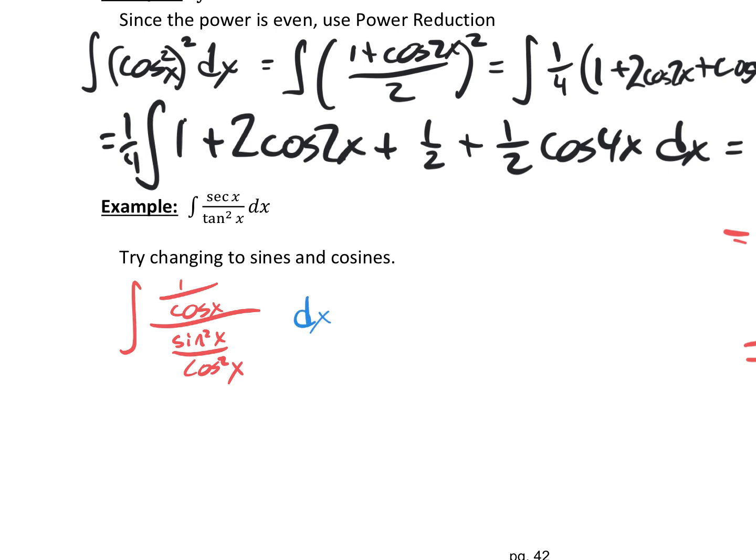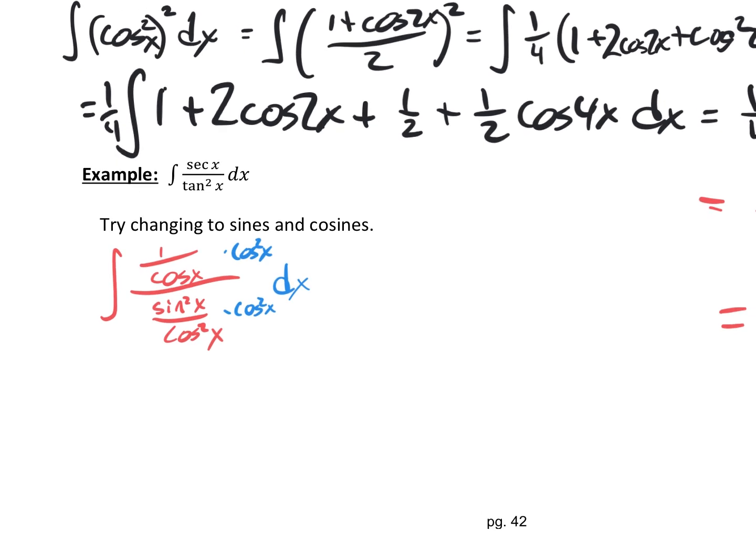We can simplify this in a couple ways. We can multiply by the greatest denominator here, the common denominator, you might say. So if we multiply by cosine squared, we get cosine on the top because one of these cancels with one of those, and sine squared on the bottom.